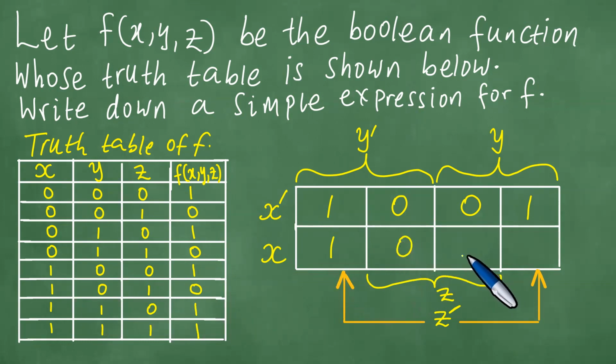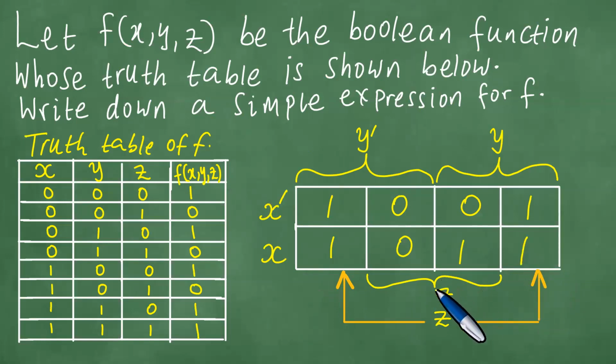This one corresponds with x, y, and z, so it is 1, 1, 1, and the value of the function there is a 1. This one corresponds with x, y, z primed, so it is actually 1, 1, 0. 1, 1, 0 is a 1, so you put a 1 here.